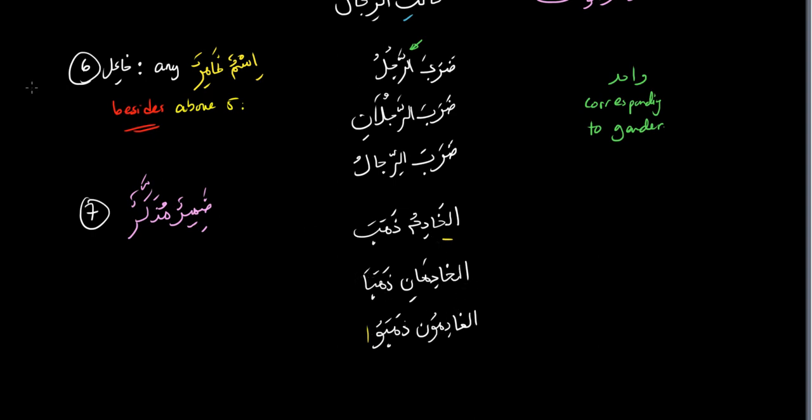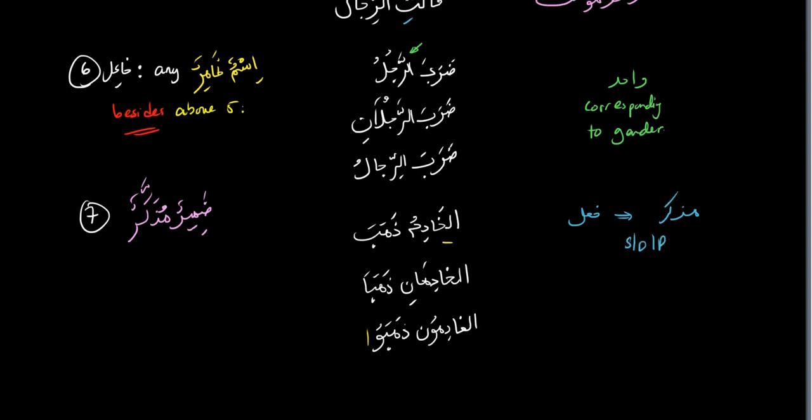So if the fa'il is damir mudhakkar, then the fi'l is going to be mudhakkar in singular, dual, or plural form, appropriate forms. Okay, so we got this.